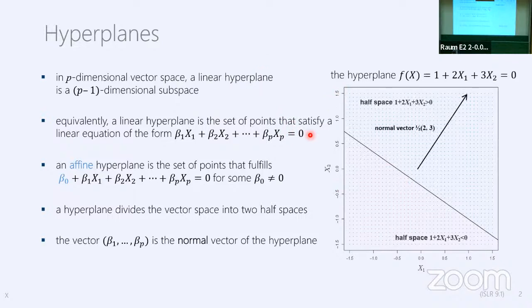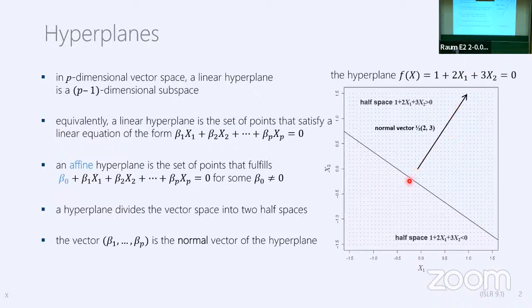Another thing that we know about hyperplanes is that we can define them via their normal vector. The normal vector is determined by the coefficients in front of the variables, so the coefficients in front of x1 and x2 give us the coordinates of the normal vector, that is the vector that's perpendicular to this hyperplane.